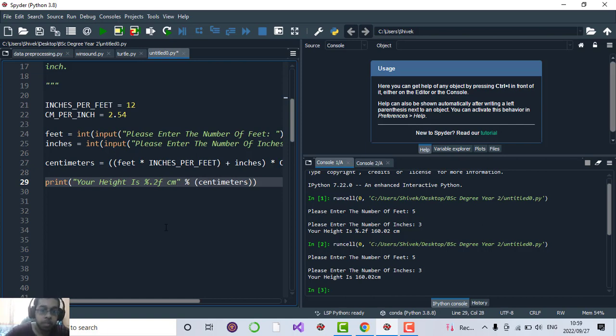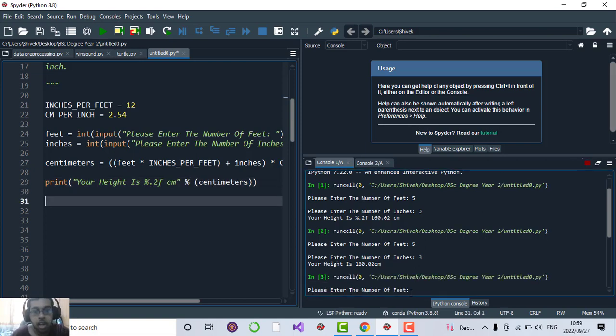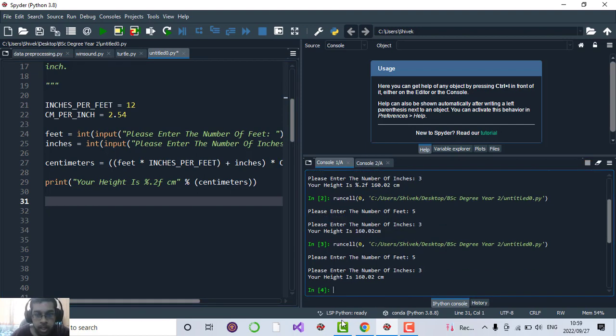If you'd like to leave a space, you can simply do that and run your program. 5, 3, and it's the same. But notice, having it attached directly is just some people's preference or choice, and having a space is other people's choice.